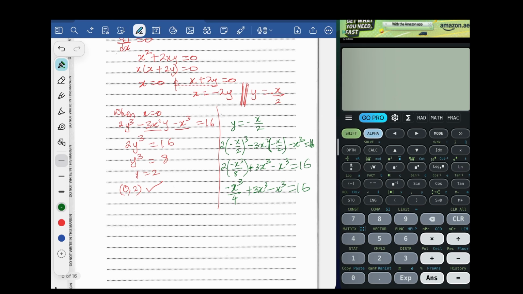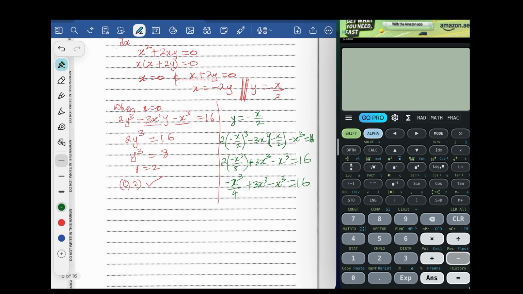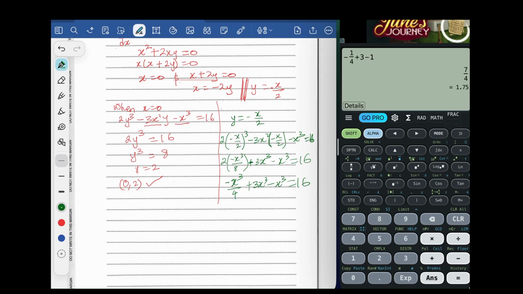So I just do minus 1 by 4 plus 3 minus 1. That gives me, let me see, that cancels. Just check again. Okay, there's 3 by 2 here.